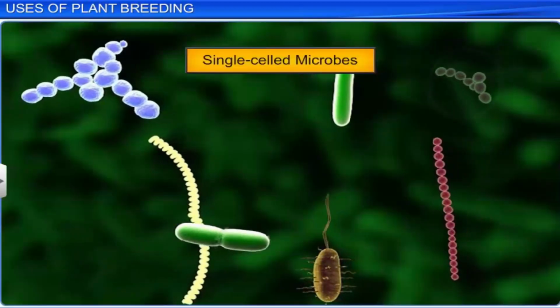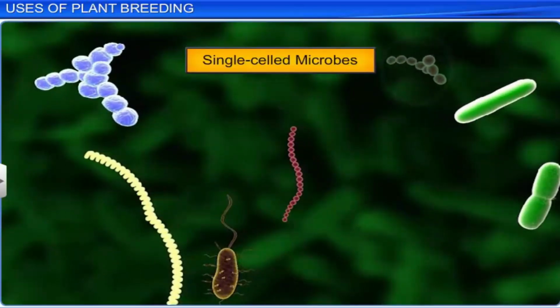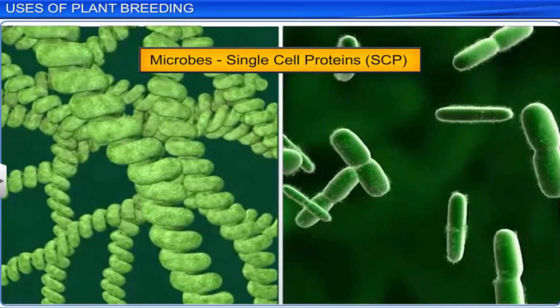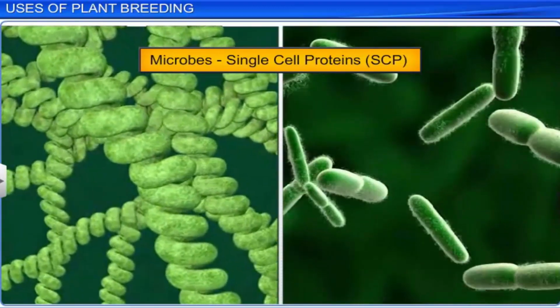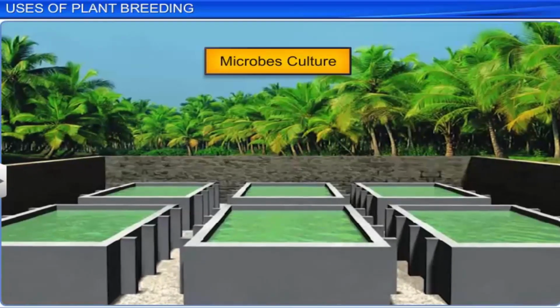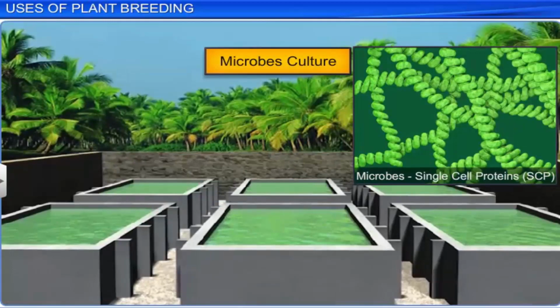For this reason, in addition to biofortified foods, scientists proposed the use of microbes as a food and feed supplement. These single-celled microbes are rich in proteins and are referred to as single-cell proteins or SCP. And so they are cultured to be used as a rich source of protein food.